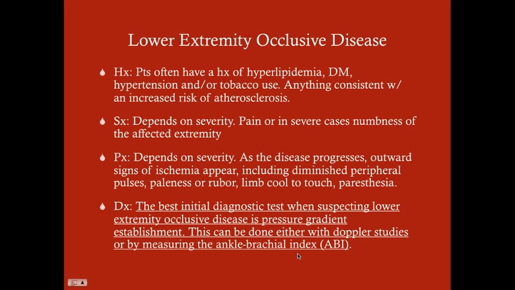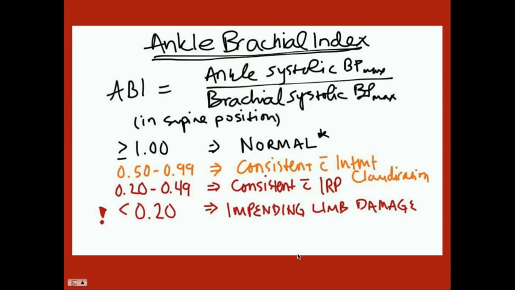When we measure the ankle brachial index, we're measuring the ankle systolic pressure and the brachial systolic pressure, which would be in your arm, and we're taking the quotient of that. So the ankle systolic blood pressure over the brachial systolic blood pressure, and this is done in a supine position.